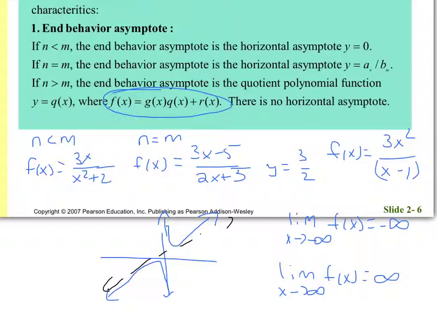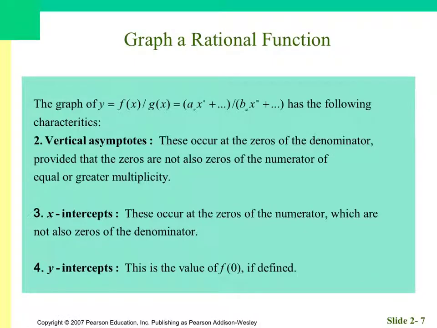So, the vertical asymptotes, we've learned they occur when the denominator is 0. X-intercepts, plug in 0 for y, solve for x, or the zeros of the numerator. Y-intercepts, plug in 0 for x, solve for y. Those should not be hard.